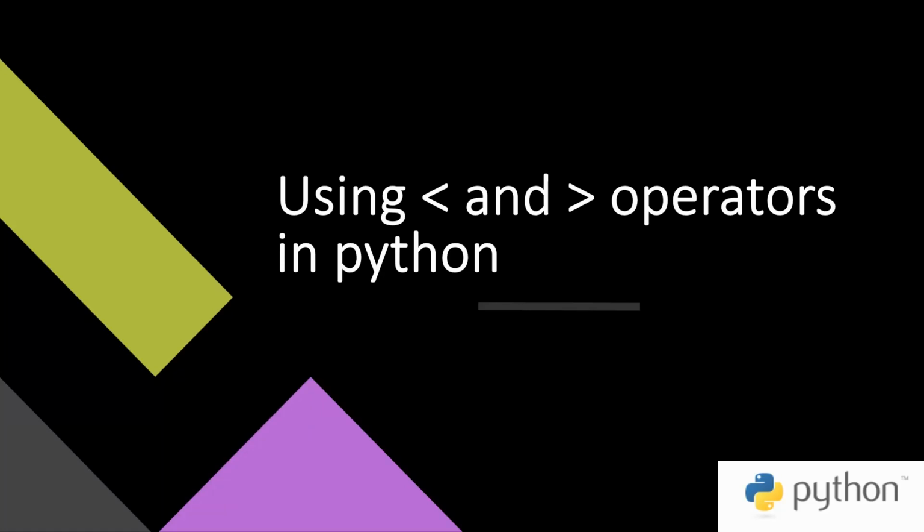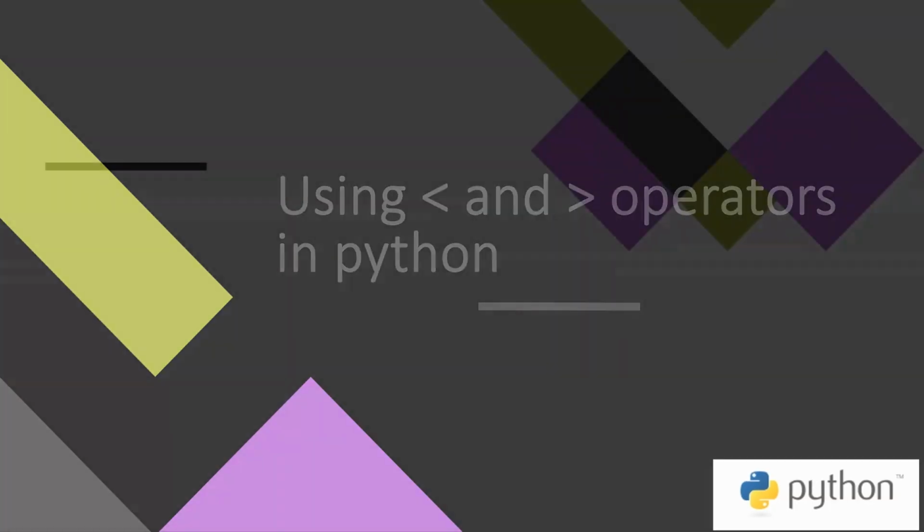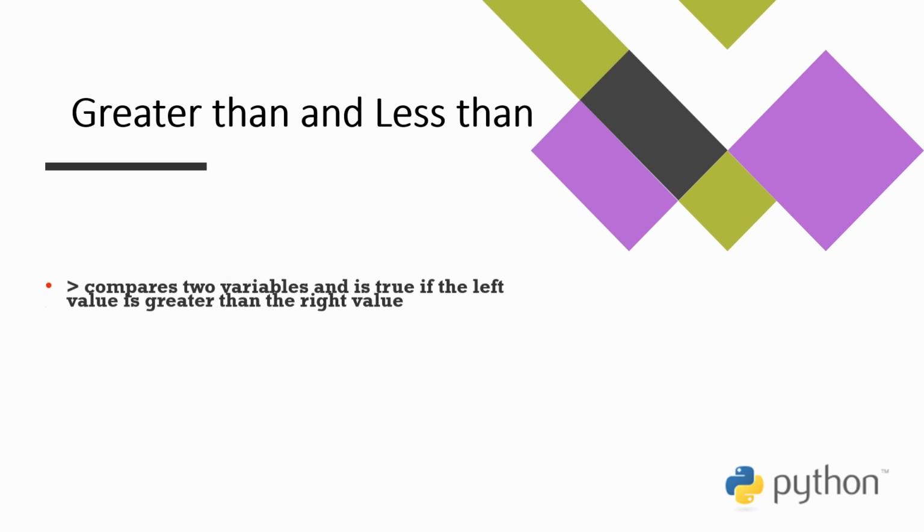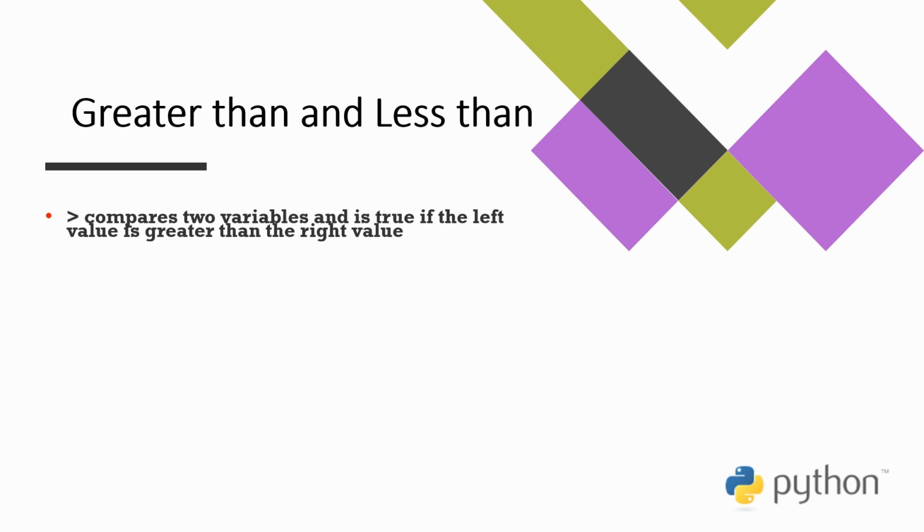And today we're going to be looking at the greater than and less than operators inside of Python. A couple of things about the greater than and less than operator. First thing is that it compares two variables and is true if the left value is greater than the right value.